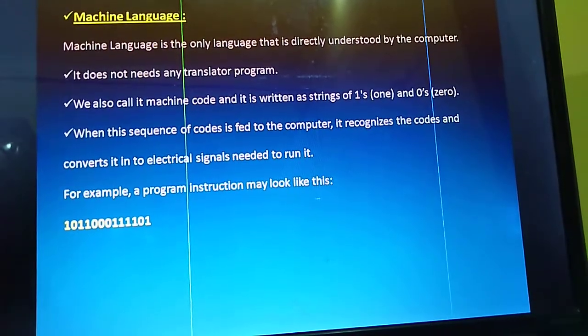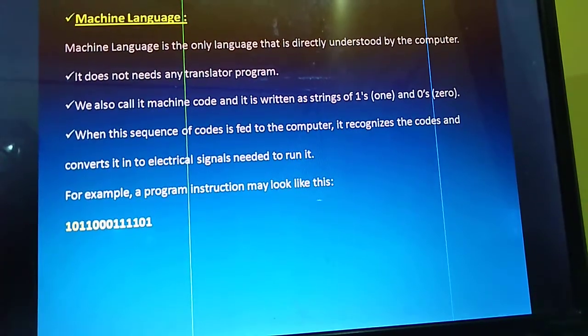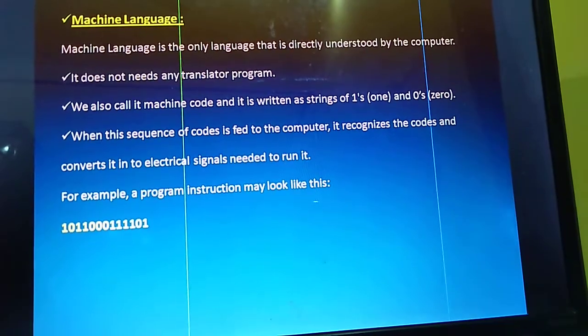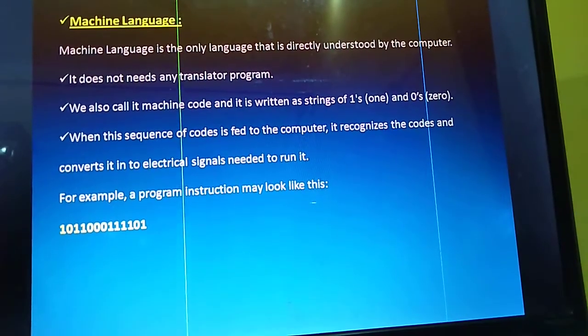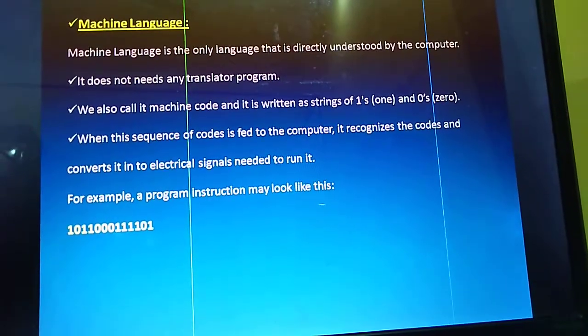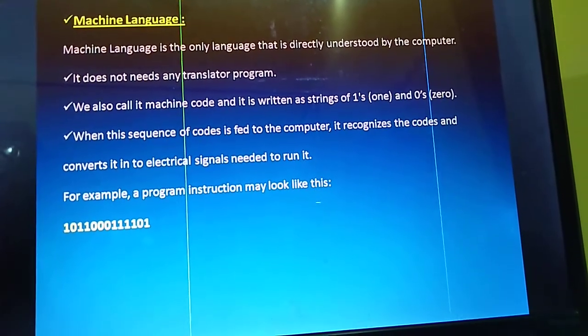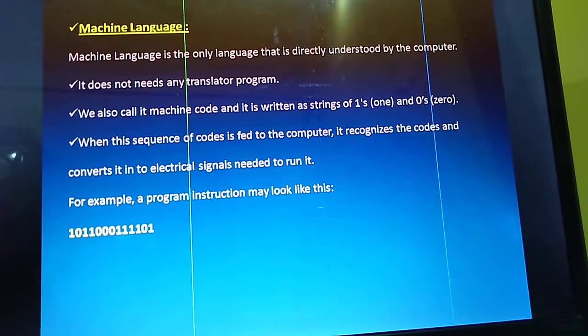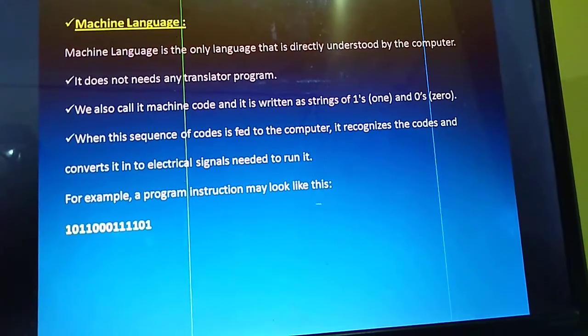Like we are familiar with interpreter, assembler, compiler. These are the different types of translator programs. But whenever you write any code or program with machine language, no translator is required. So the first point is it does not need any translator program.